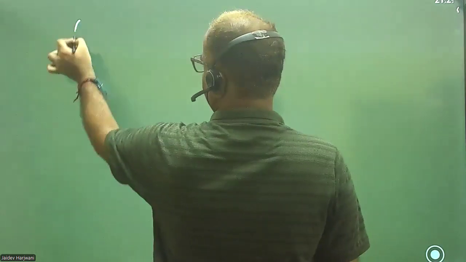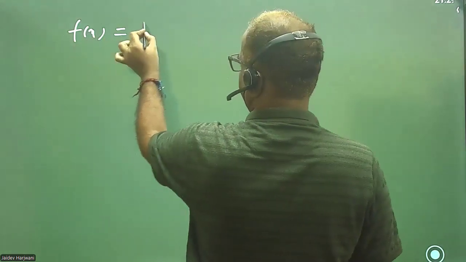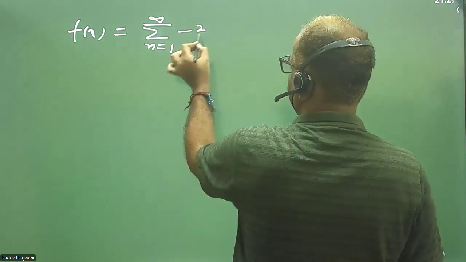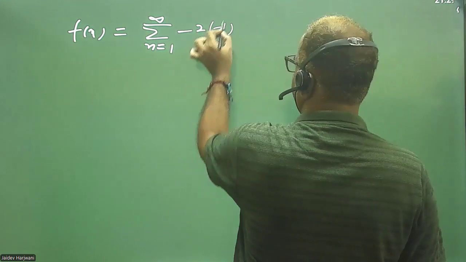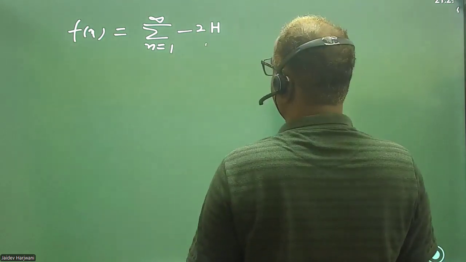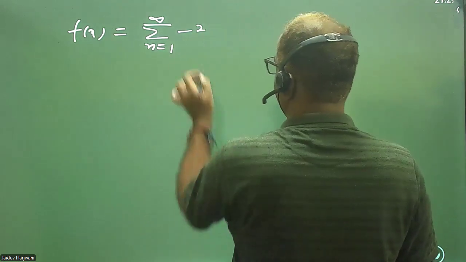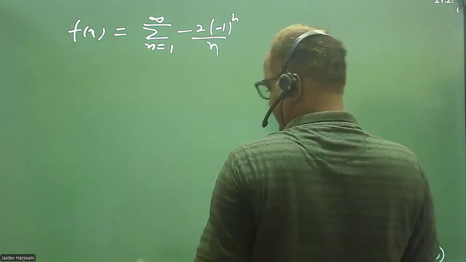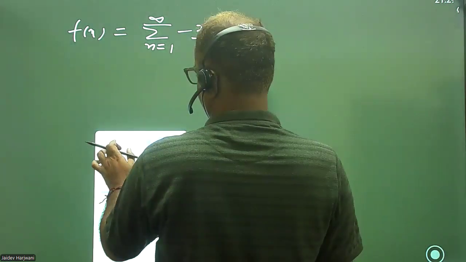I'm writing the series here again: summation n equals 1 to infinity of minus 2 times minus 1 power n upon n. This is my series.